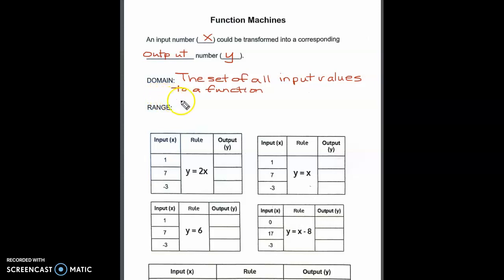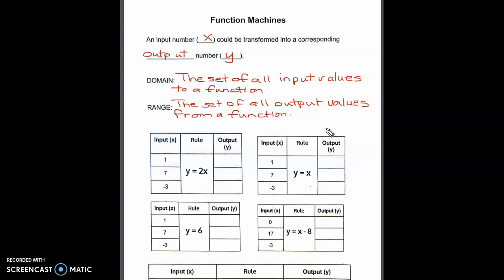The domain was defined in the video as the set of all input values to a function, and the range was defined as the set of all output values from a function.